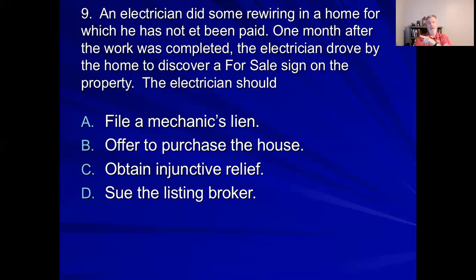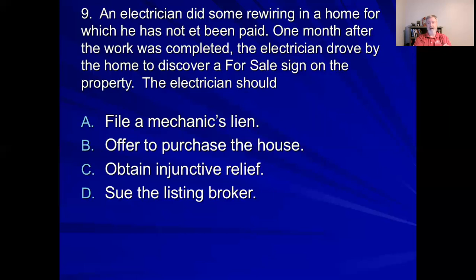Now, if the agent actually called the electrician, say on behalf of the owner, and asked him to come out and do this work, agent, you've now put yourself in the hot seat. So just as a side note, you want to be careful about stuff like that. I know a lot of agents do this. They think they're helping their client, but I'm telling you, you're putting yourself in some very liable situations when you start doing things that the client needs to do on their own.